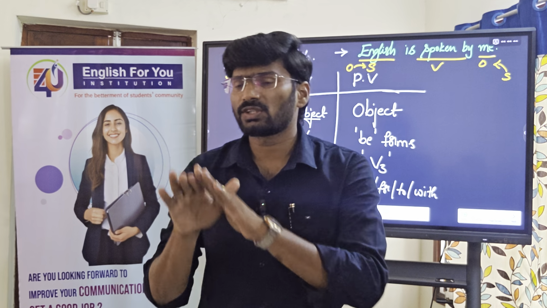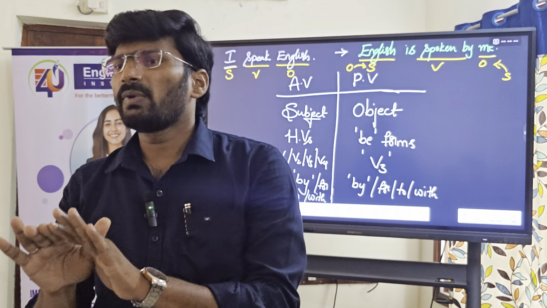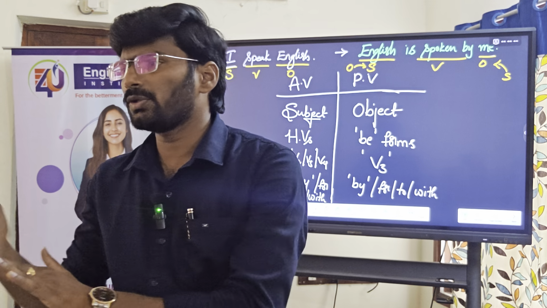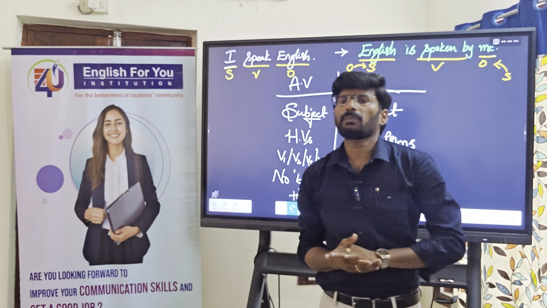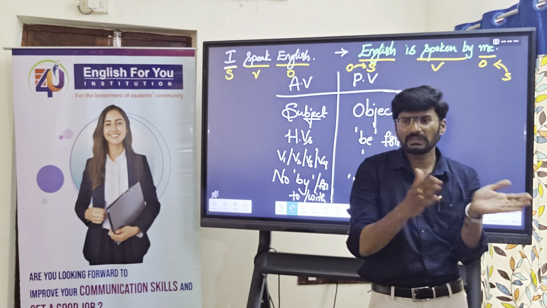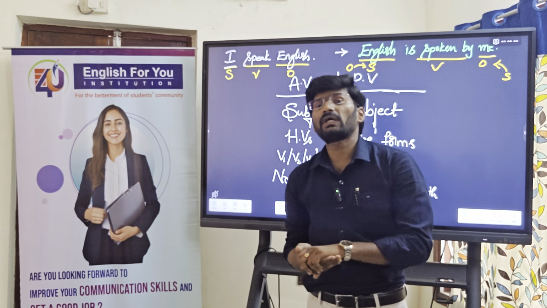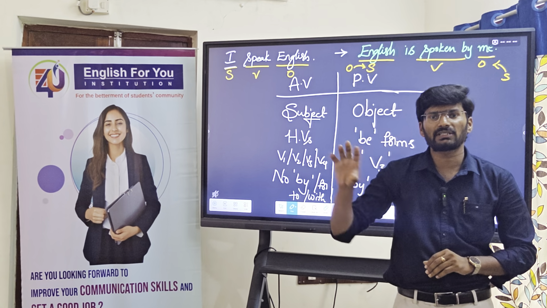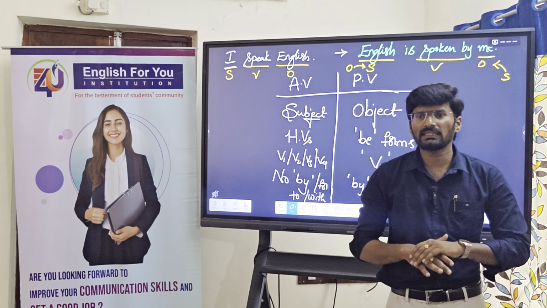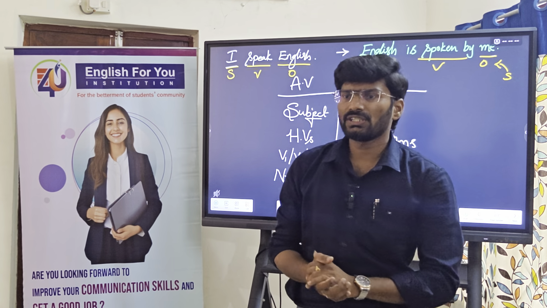Of course, obligations in the present in active voice are changed into obligations in the past in passive voice. Is it clear? We can change voice for obligations also. Obligation in active voice, obligation in passive voice. Is it clear? Right.